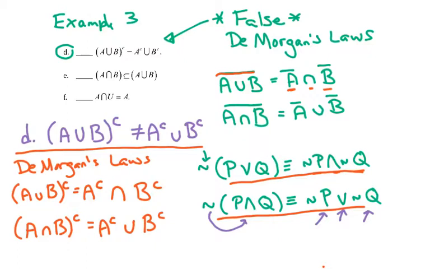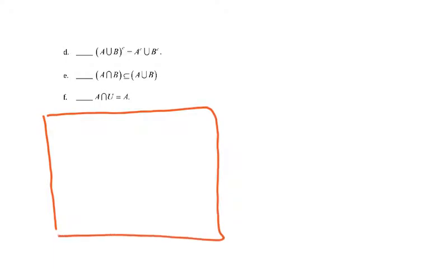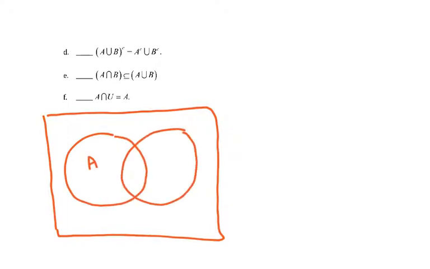Now, so we know this is false, and we're going to look at a picture to convince ourselves it's false also. So how would I do this? Well, we just draw the two pictures. We only need two sets. So what does A union B complement look like?